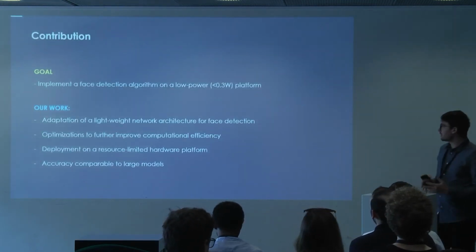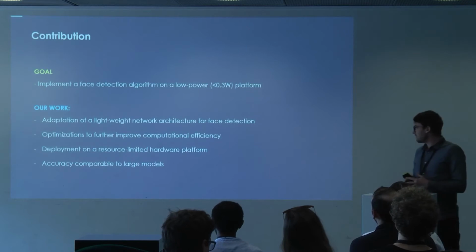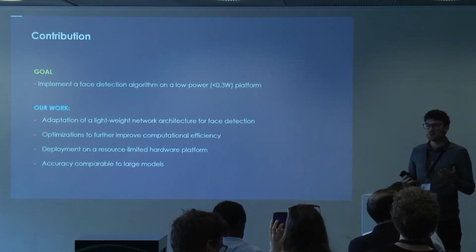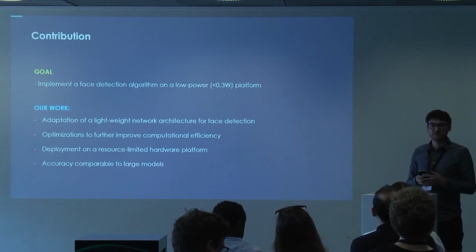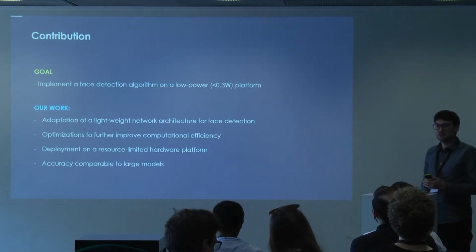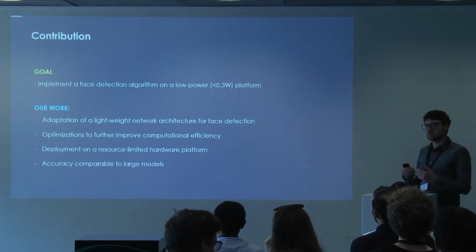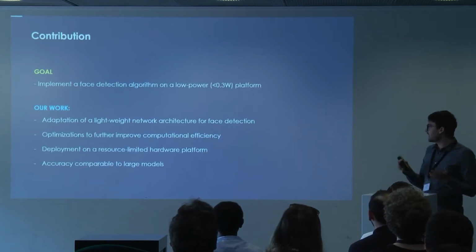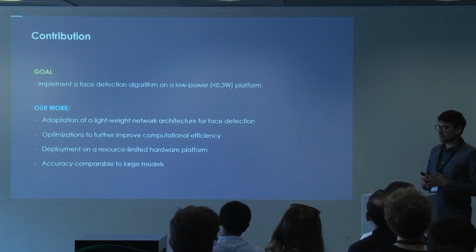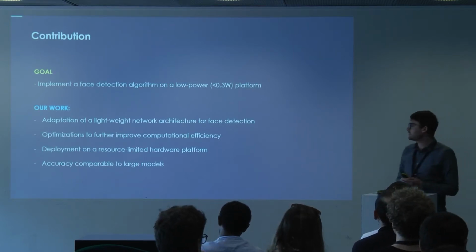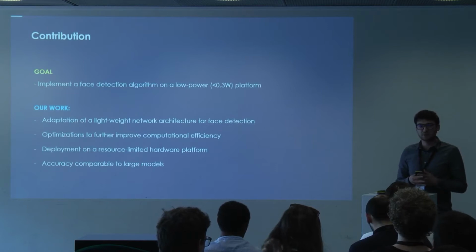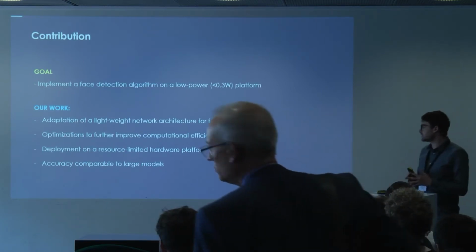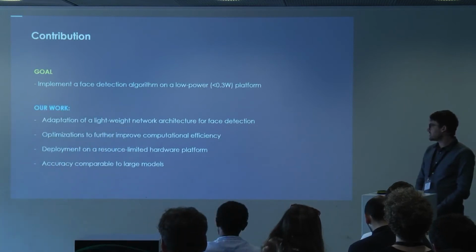So in this work, our goal was to implement a face detection algorithm that runs on a low-power platform. And by low power, we mean a platform that uses less than 1 watt from the acquisition of the data to the prediction. Our work is the adaptation of a lightweight network architecture for face detection specifically, and the study of optimizations that we can use to further reduce the computational cost.